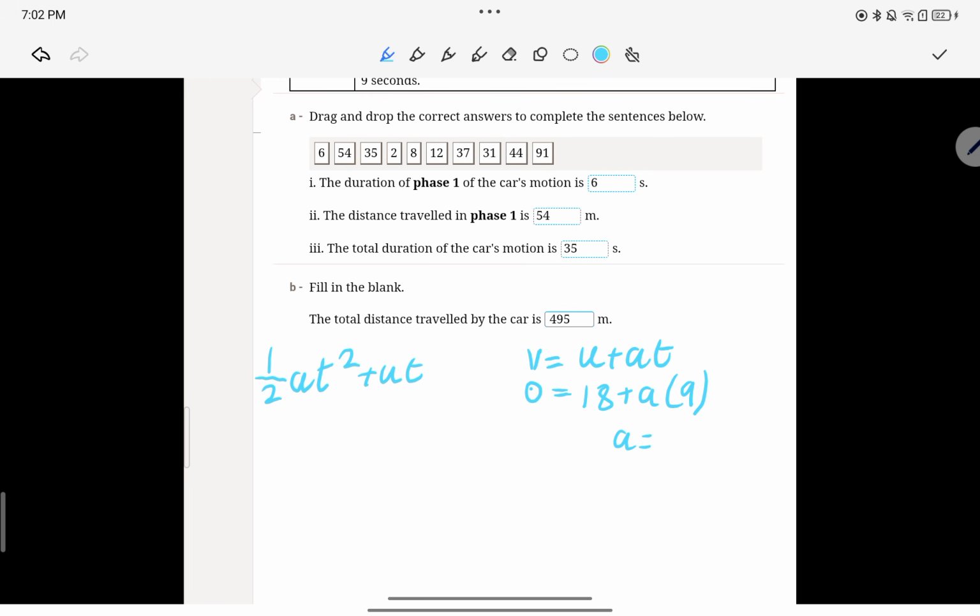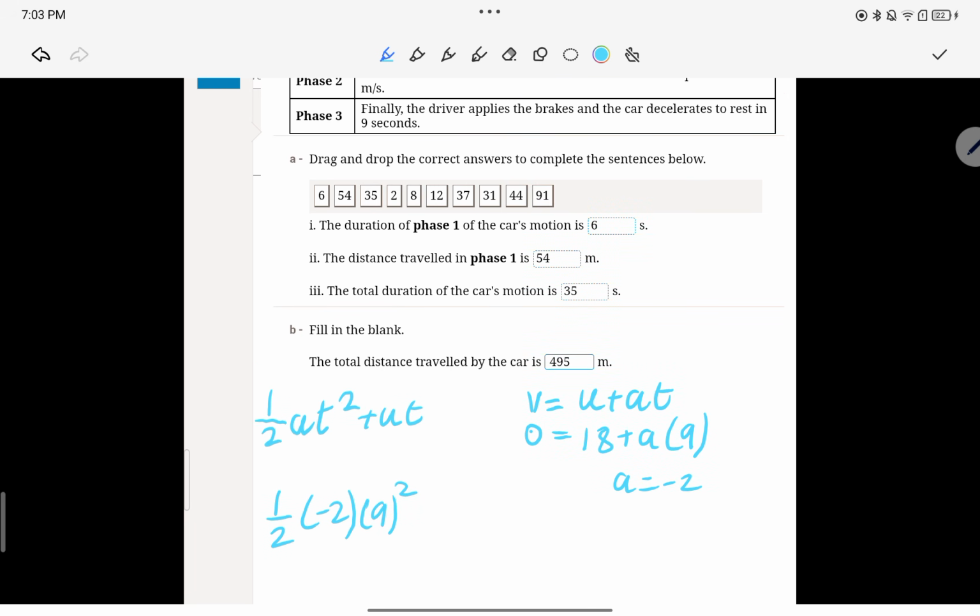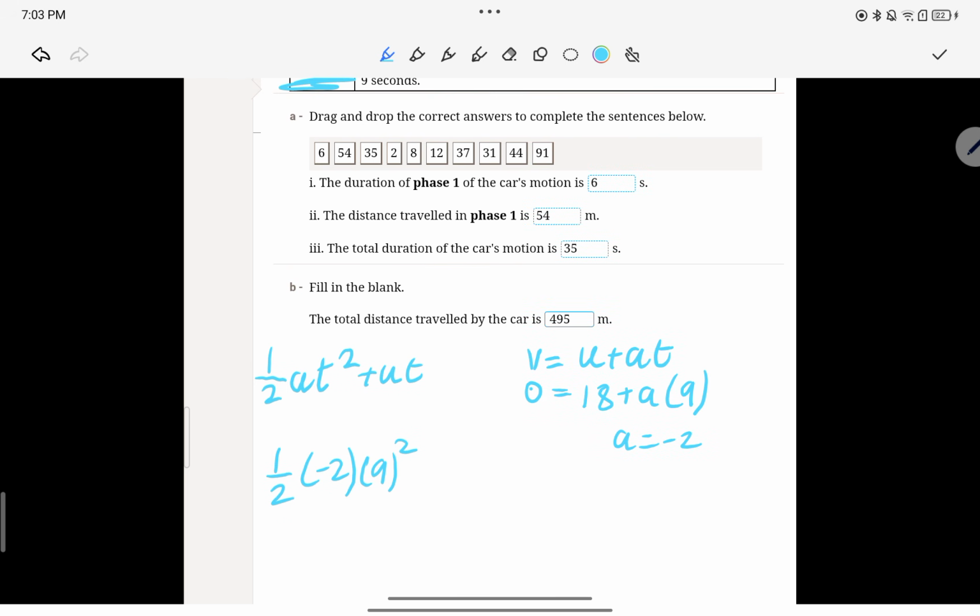A will be equal to negative 2. So now we use it: 1/2 times negative 2, t is 9. We're calculating phase 3, by the way. Plus 18 times 9. So s equals 81.